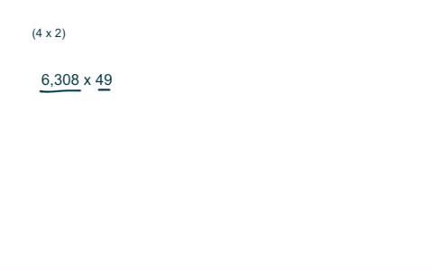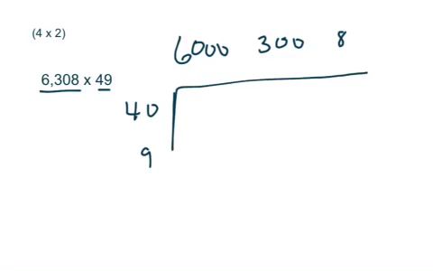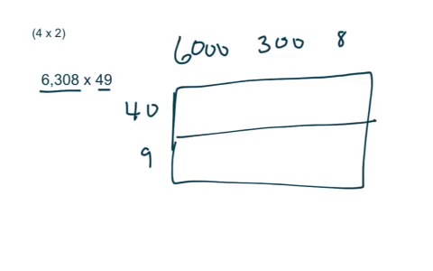And the steps aren't going to change, it's just more stuff to keep track of. So we're going to write out 6,308 in expanded form, and then 40 and 9. So first step here, 40 times 6,000, or 4 times 6 is 24.